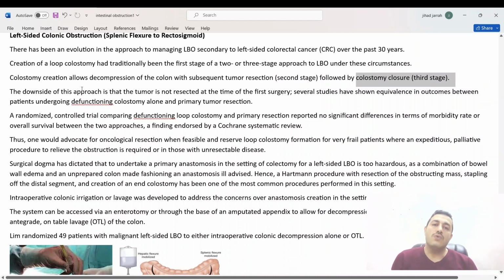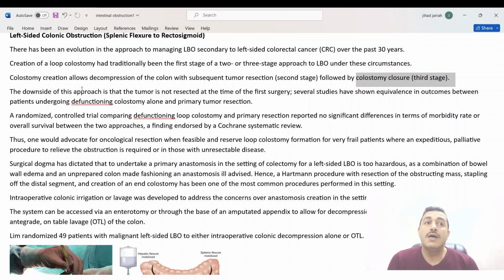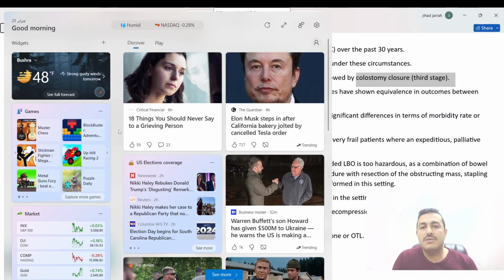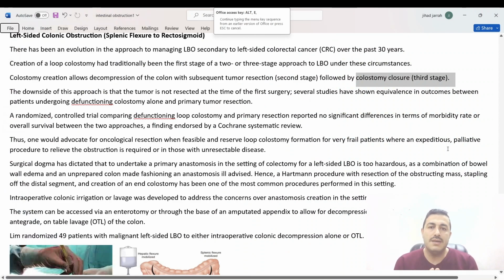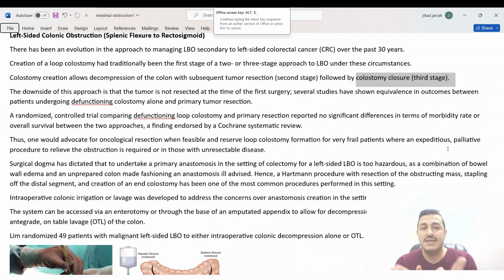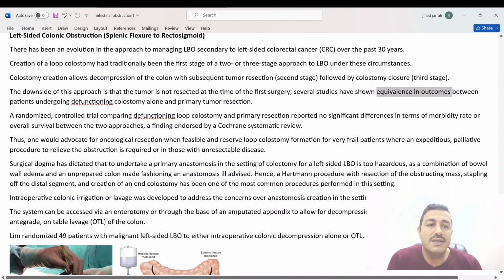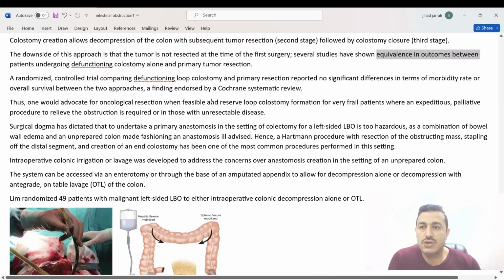Actually, nowadays, we do not support this three stage approach. We can proceed to colostomy with resection and later on closure, and the outcome is similar. Whether in the index first surgery we resect the tumor or leave it for second stage, the studies show equivalent outcome between patients undergoing defunctioning colostomy alone or primary tumor resection.